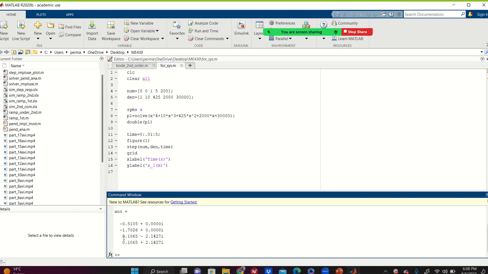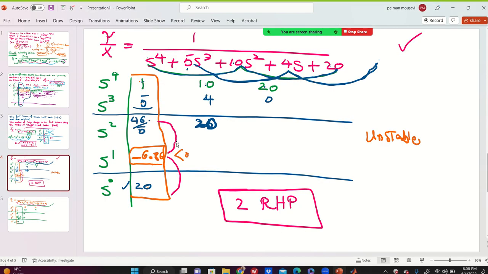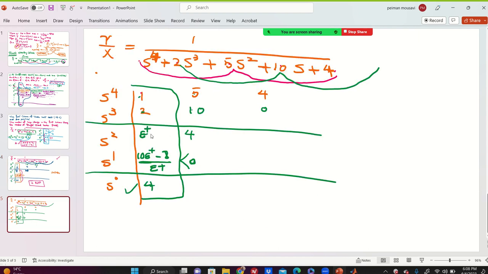You see, we have 2 right-hand poles. See here? 2 right-hand poles, as we know. Oh, sorry, 1 from positive. Because, you know why? Because I changed the epsilon plus. If I remain it as 0, 0 has no sign.